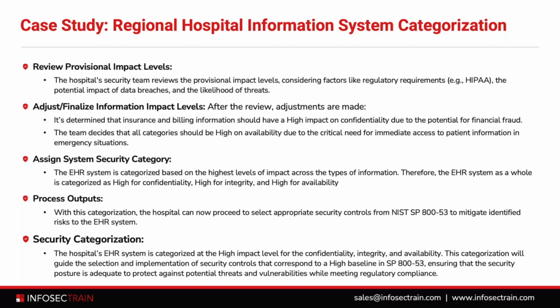Security categorization. In this, the hospital's EHR system is categorized at the high impact level for CIA. The categorization guides the selection and implementation of the security controls in the corresponding high baseline in 800-53, ensuring that the security posture is adequate to protect against potential security threats and vulnerabilities, while meeting regulatory compliance.